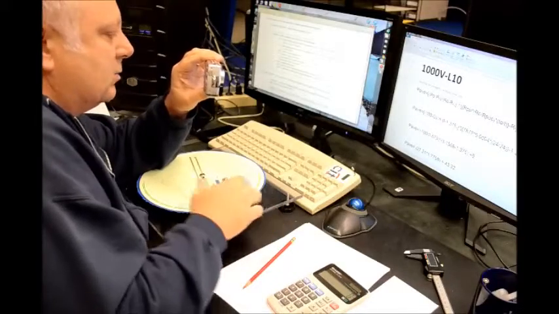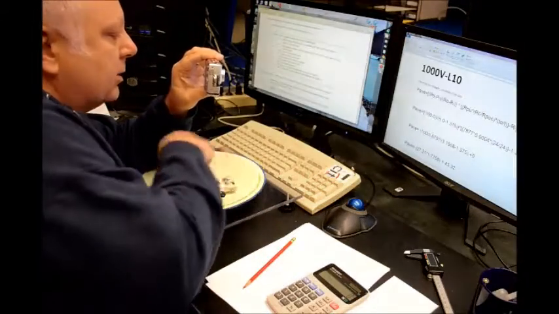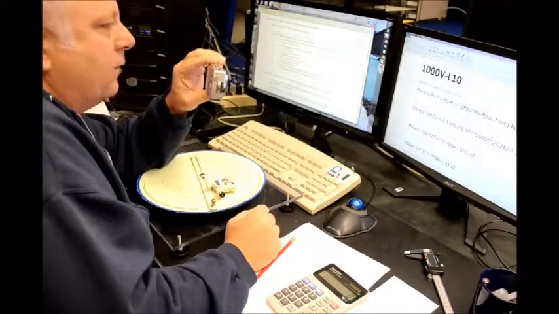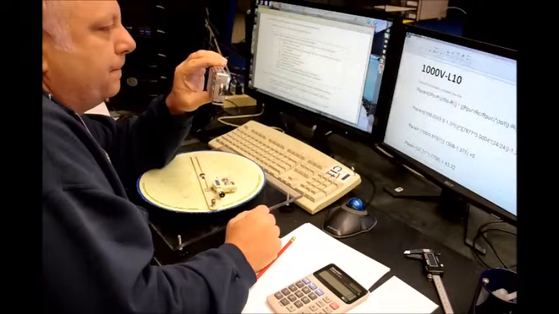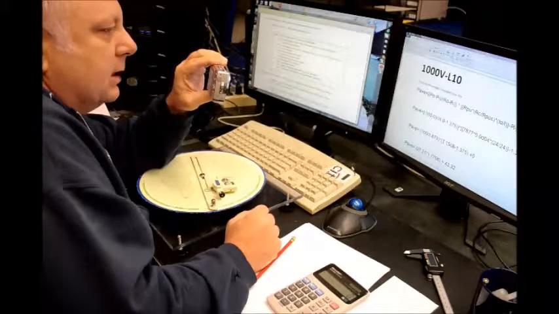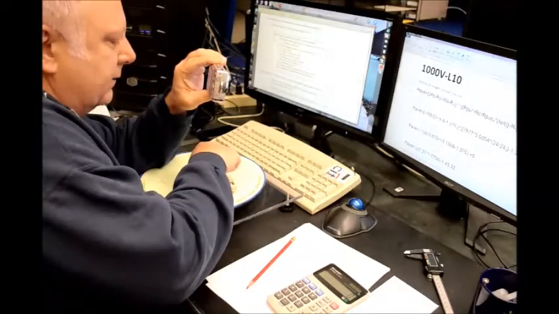In this case, this was a 24-hour chart. We measured the whole day, so it would be 24 divided by 24. And then minus the inner radius of the chart.